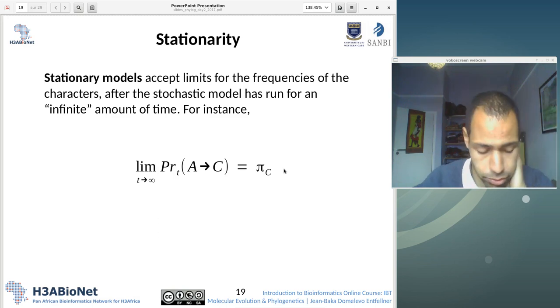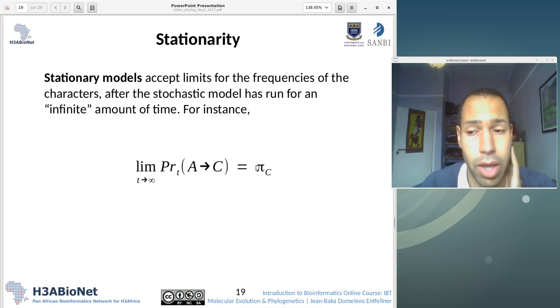Most of the models we use have this property of stationarity.